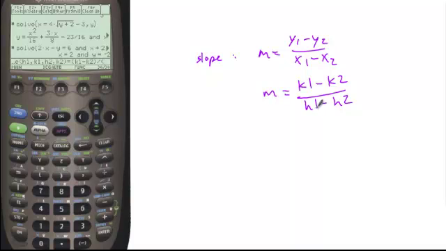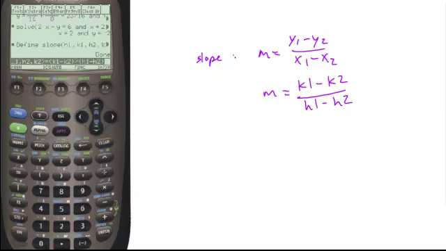My x's are h's, so I'm going to use h1 minus h2. Once I finish that equation, I'll hit enter and my calculator should say done. What that means is this is now stored in that var link command.